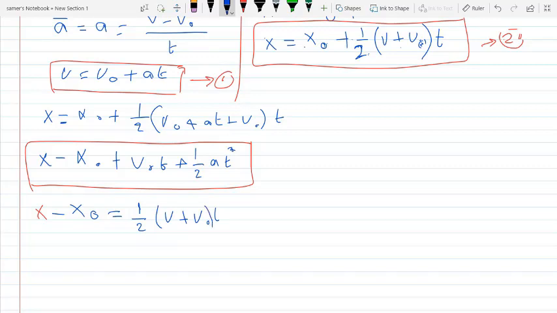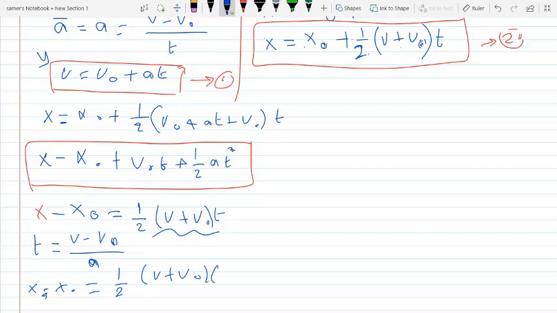And if we write instead of t, v minus v0 over a, and this comes from the first equation, t equals v minus v0 over the acceleration, then x minus x0 becomes x minus x0 equals 1/2 (v plus v0) times t, which is (v minus v0) divided by a.